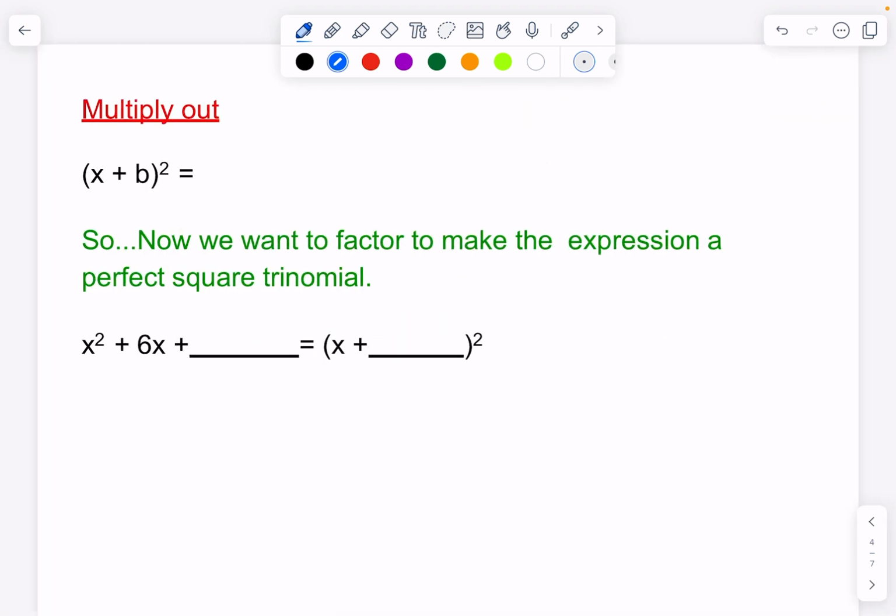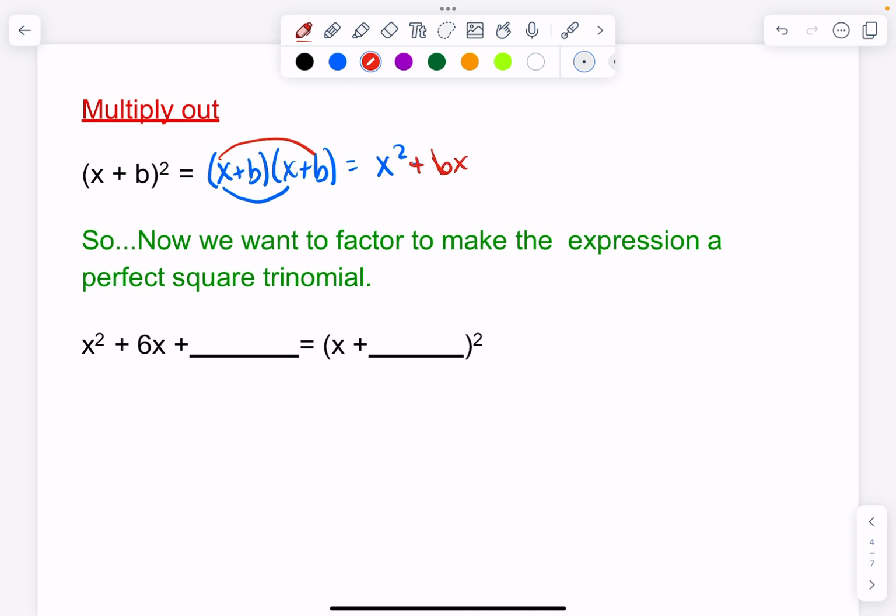Okay, so multiplying this out. So if I have x plus b times x plus b, use FOIL. First, outer, so first terms together, outer terms together, plus inner terms together, plus the last terms together.